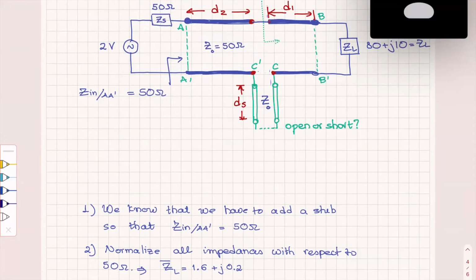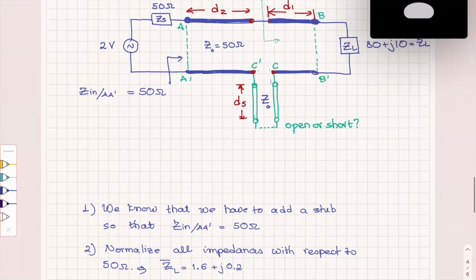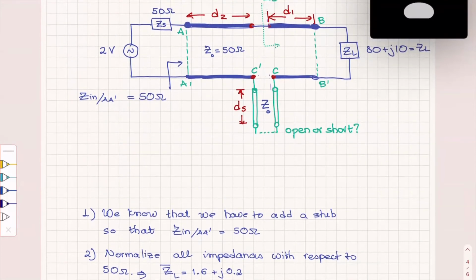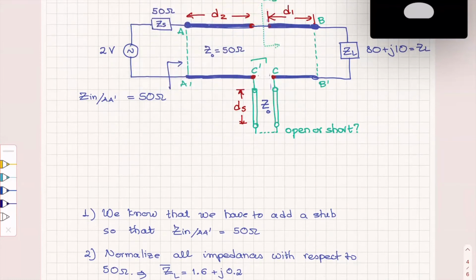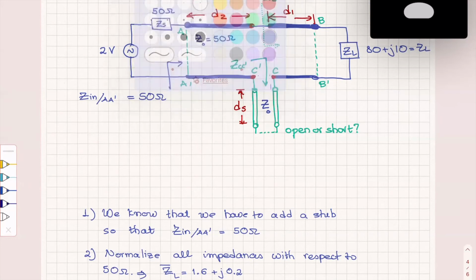So at C. Then I put the stub, and the stub is gonna present this impedance, which is gonna be Z C C prime. And therefore, when I add the stub, the total impedance that I will see between these 2 points, let me call, in fact, this point E, and E prime.